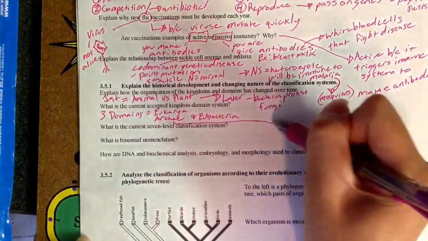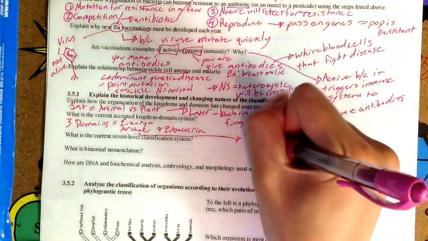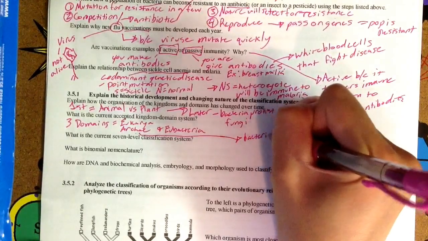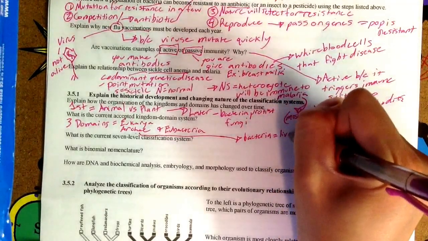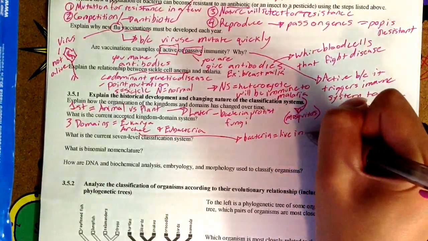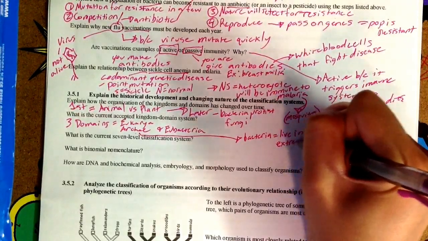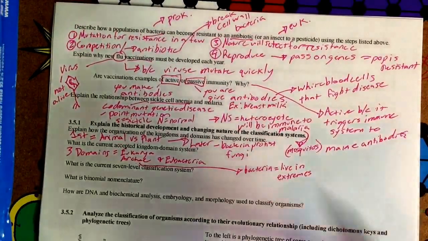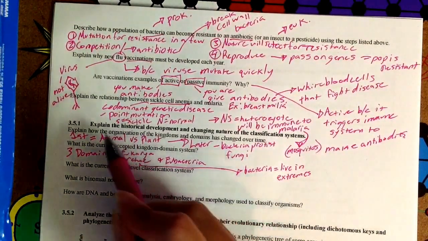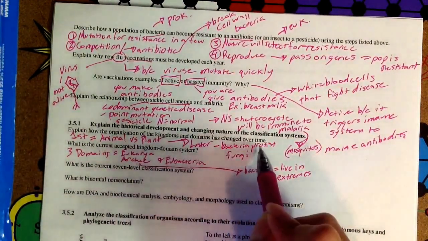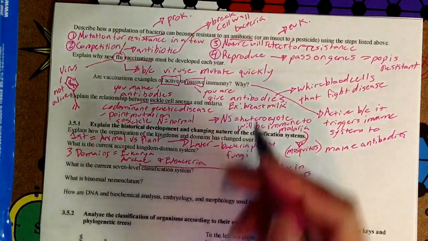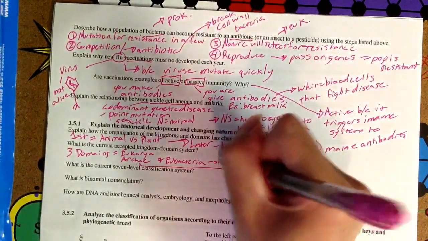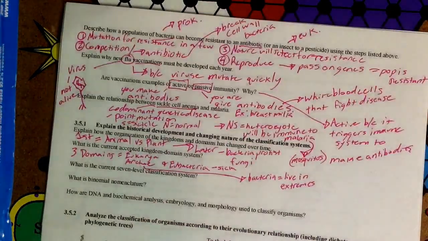The archaebacteria live in extreme environments. Places that are really salty, places that are really hot, places with really high or low pH. Our eukarya are actually listed above. That's our animals, our plants, our protists, and our fungi. And our eubacteria are the bacteria that make you sick. Okay, those are the common bacteria that you see.